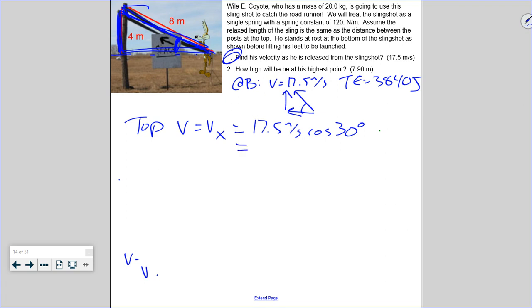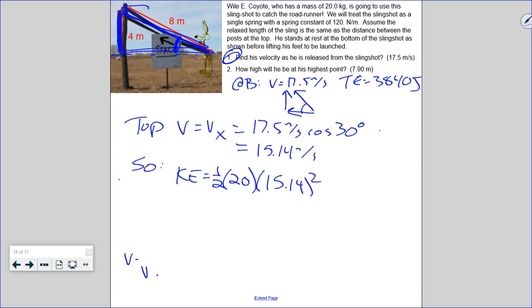So the velocity at the top ends up being 15.14 meters a second. That means that at the top, the kinetic energy is 1/2 of his mass times that velocity at the top squared. It gives you 2,292 joules.